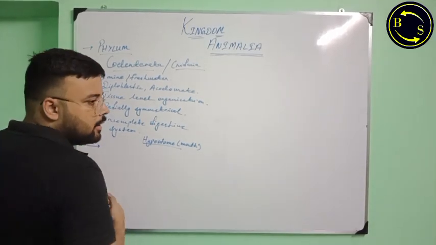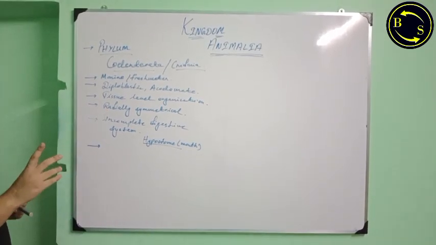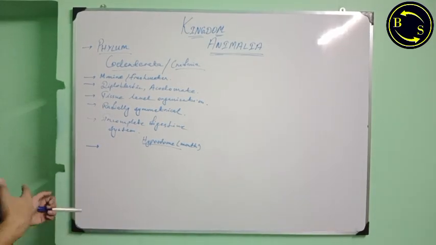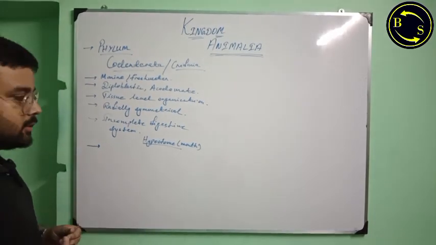Also, in the phylum Coelenterata, we find two kinds of variations in body plans or designs.